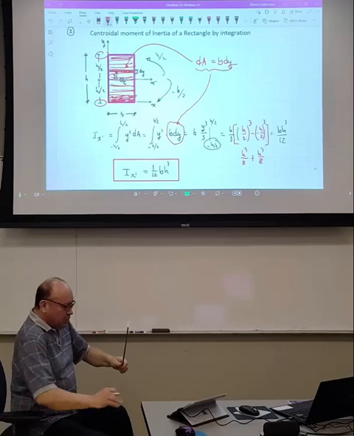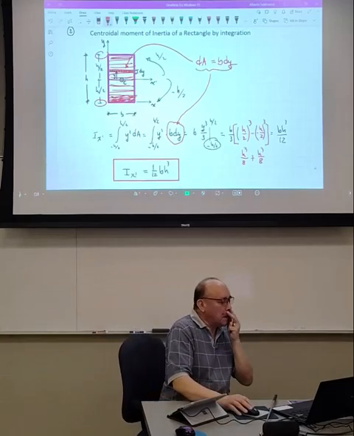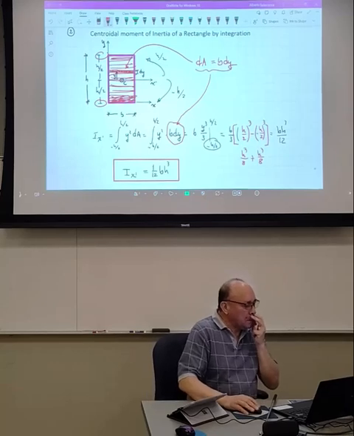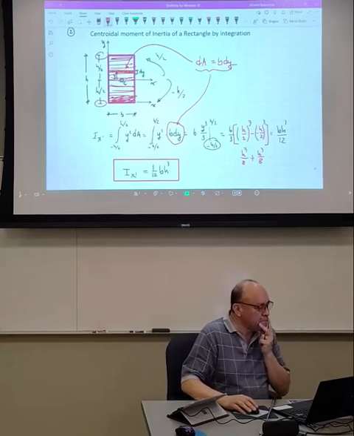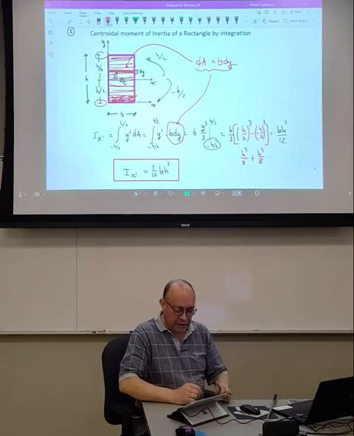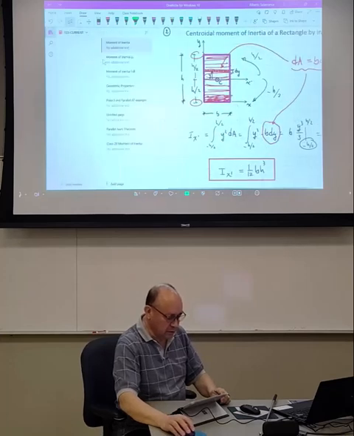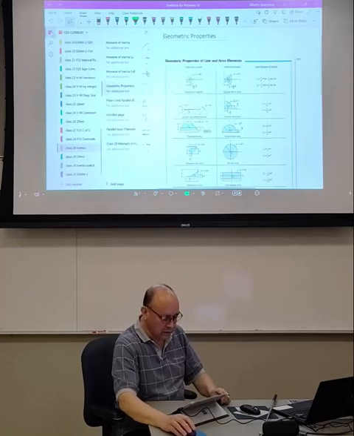So there are tables for that. Let me show you one table here. Let's see if I have it so I can show you the geometrical properties. Look.